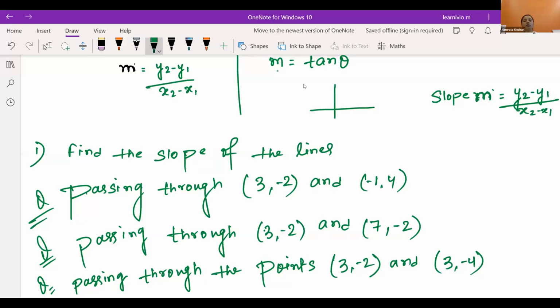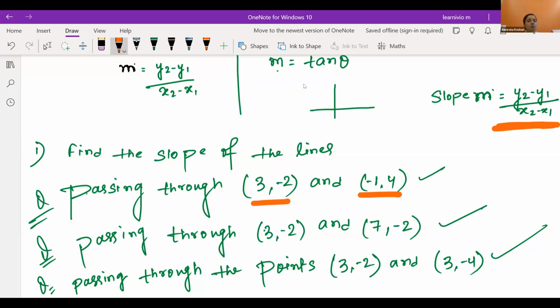Okay, just like coordinate geometry, we have to find the slope of the first one, the second one, the third one. Formula is there in front of you, very easy, very basic. For solving at least this one you don't need to understand anything. Two points are given and the formula is given. You just need to put x1, y1, x2, y2 the way you were using in the distance formula or section formula.